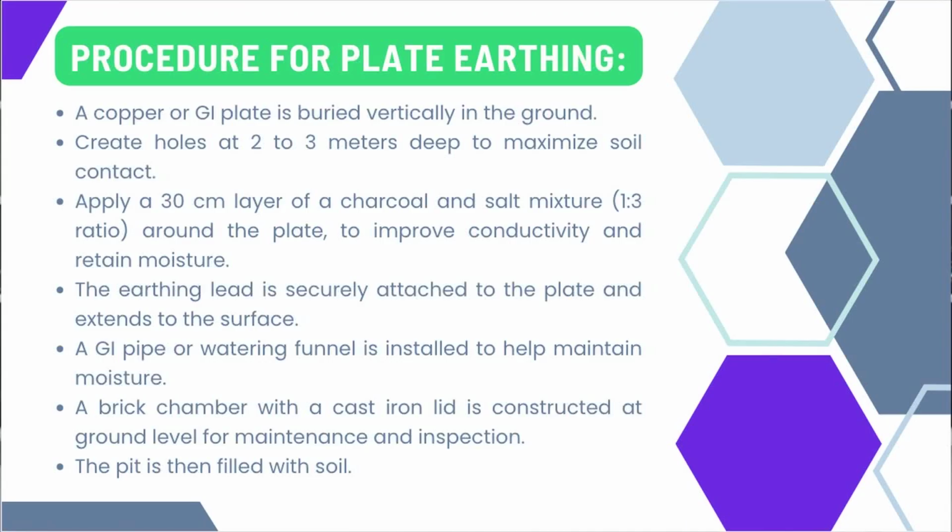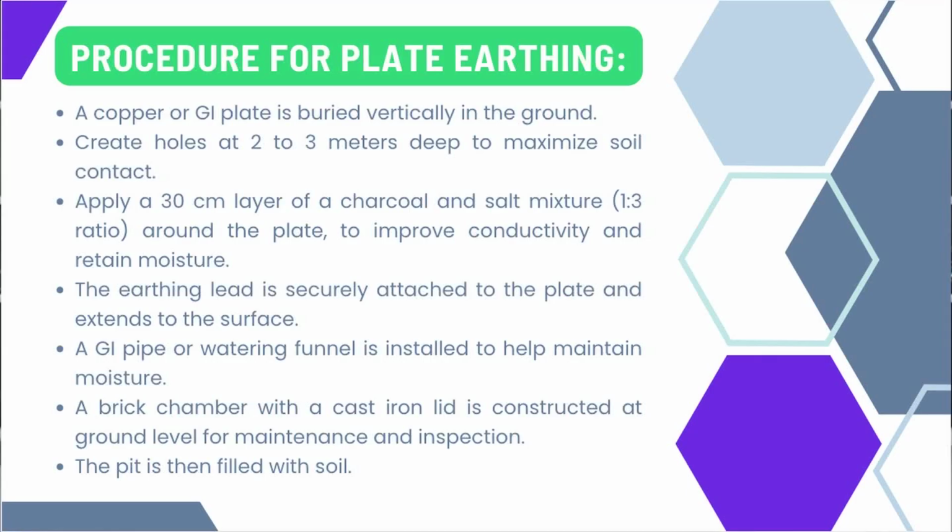Around the plate, a 30 centimeter layer of charcoal and salt mixture in a ratio, let's say 1 to 3, is applied to improve conductivity and to retain moisture. The earth lead, which is a copper or GI strip, is generally 6 millimeter square, or it can go up to 25 millimeter square. It is securely attached to the plate and extended to the surface.